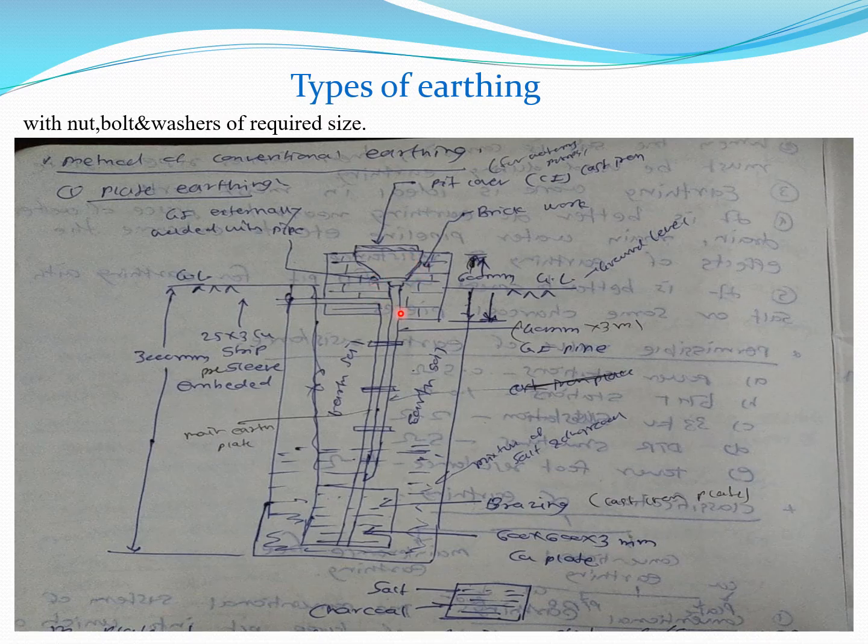Then to support this pit cover, there is a brick construction which is above the ground level, and some portion is inside the ground. Then there is a GI pipe of 40 mm by 3 mm size. Then earth soil is present in the vicinity of the earthing plate.